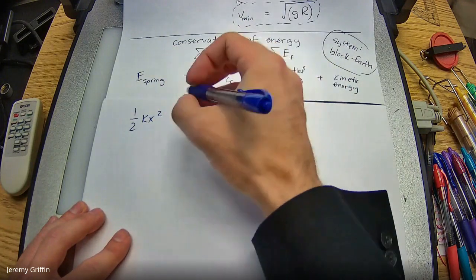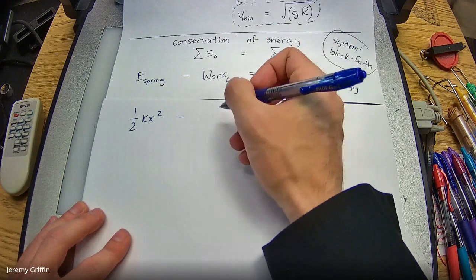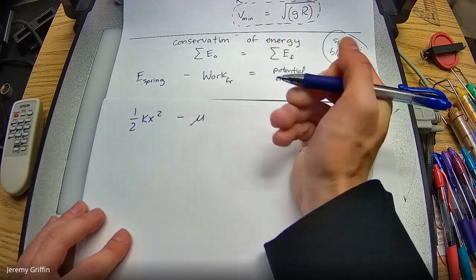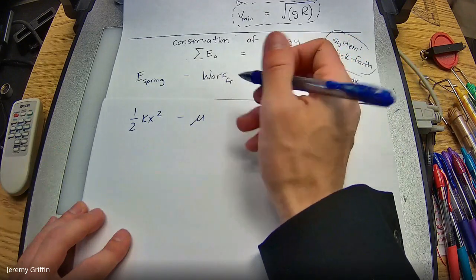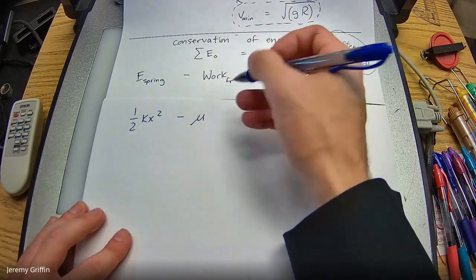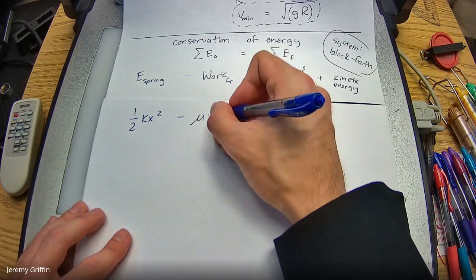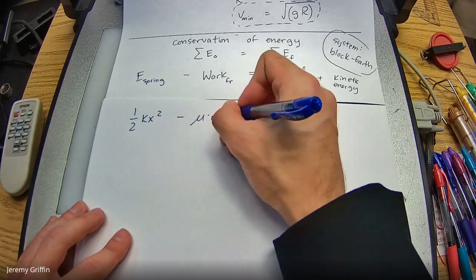Now, some work is going to be done by friction. Isn't that coefficient of friction times the normal force on the block? Well, it should say it's force times distance. So the coefficient of friction, and isn't the normal force equal to the weight of the block?